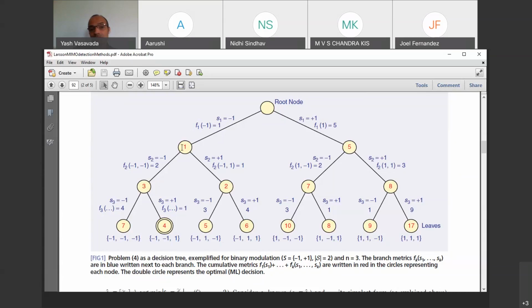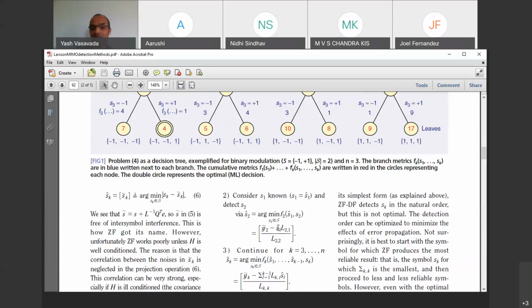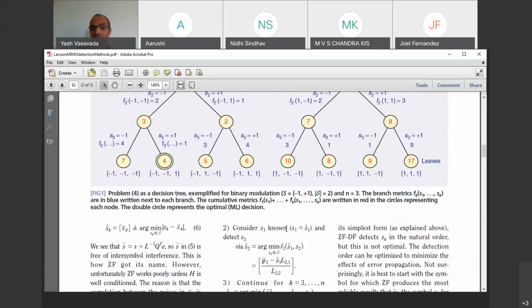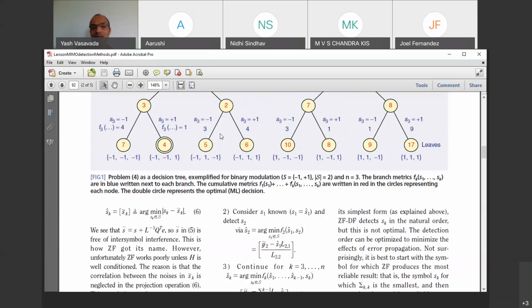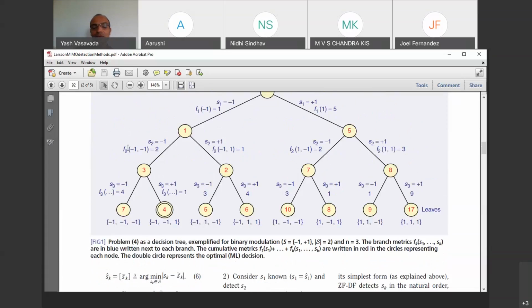Yeah, so the decision feedback says that my estimate of S1, which is now -1, I'm going to pretend that it is the correct estimate. And so I'm going to subtract that estimate from Y2 after multiplying S1 hat with L21. And then that result, how far it is from actual Y2, is given by F2 values.